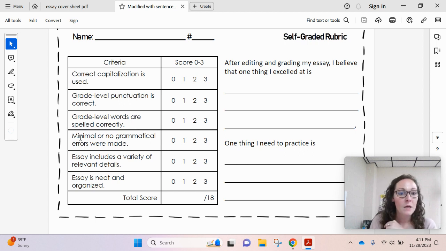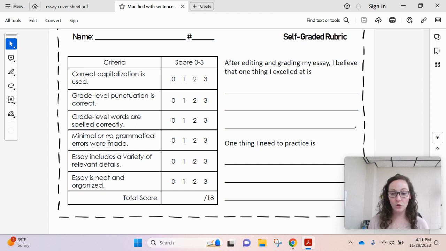Okay. Minimal to no grammatical errors were made. Grammar is going to go with does it make sense? Does it sound right? And do I have different, varying, but correct mechanics, like what we do with Quill?